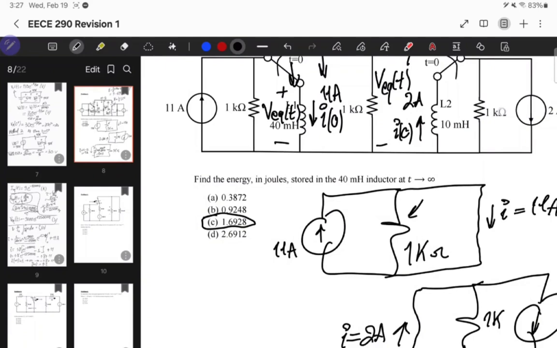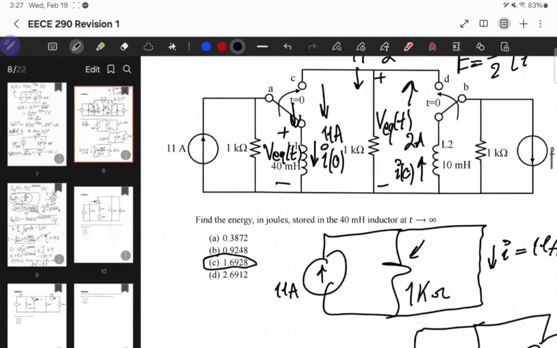This is an example where we have two components in parallel, be it inductors or capacitors, in this case two inductors. We do the equivalent combination of both. We get the current in the inductor. If we have a capacitor, we get the voltage in the capacitor, because the voltage in the capacitor is the one that is continuous, not the current, while in the inductor the current is continuous.